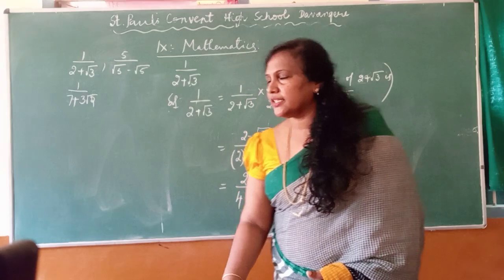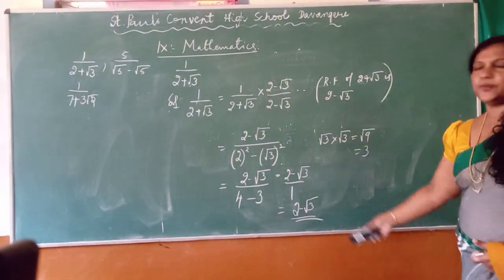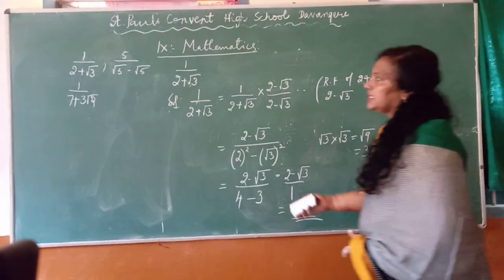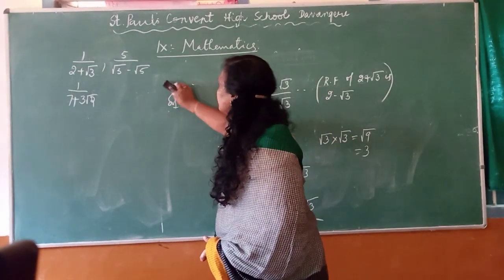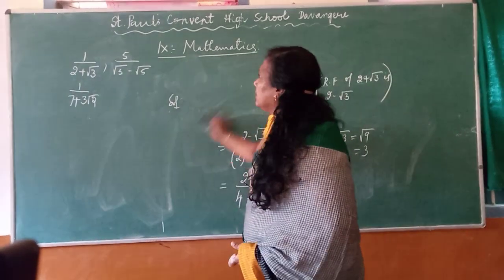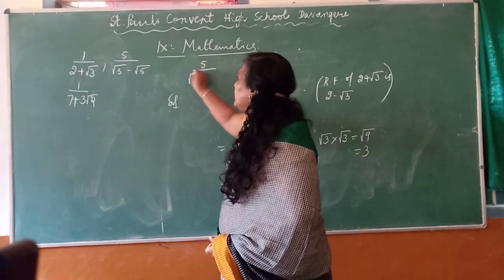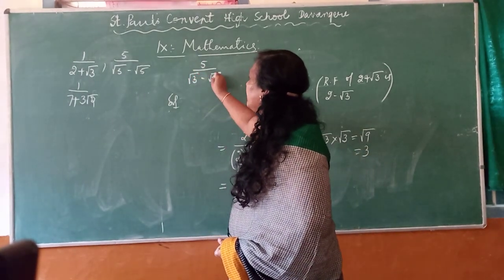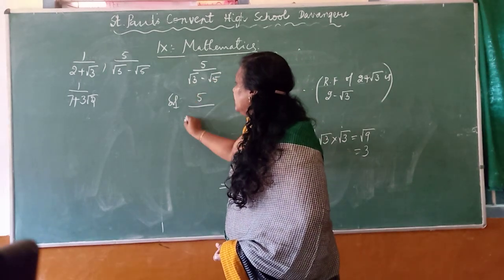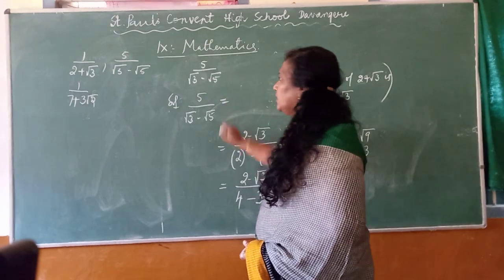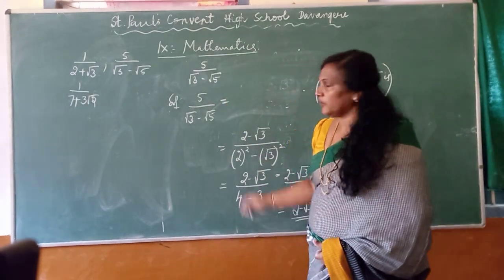What is the second example? Hope you got the steps here. The same way the second one also you have to do. The second one is 5 by root 3 minus root 5. 5 by root 3 minus root 5 is equal to, tell me what I have to do?